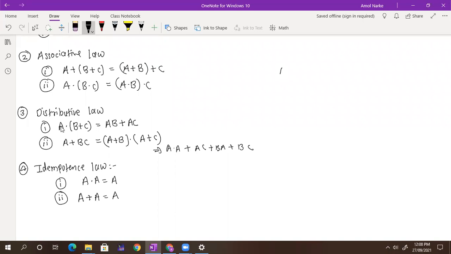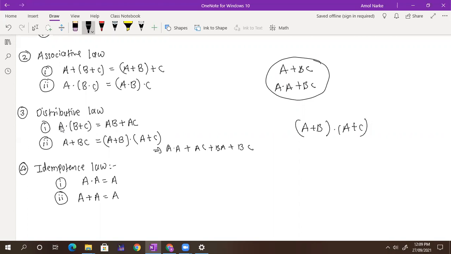So we have A plus BC. I write down A plus BC by the idempotent law. It is true. Now I'm going to show it. Solving this, we have (A plus B) dot (A plus C).